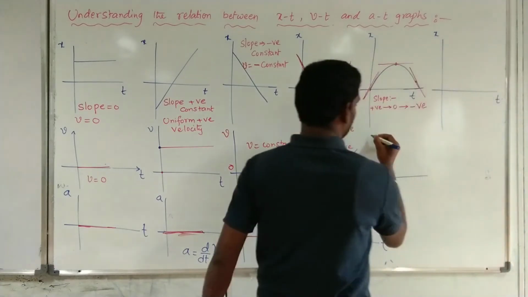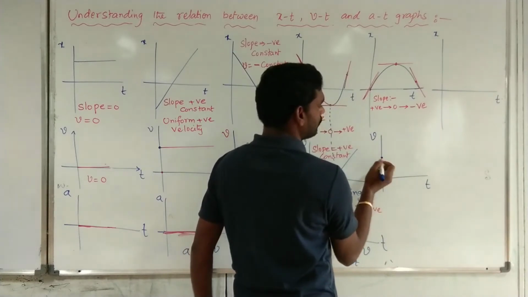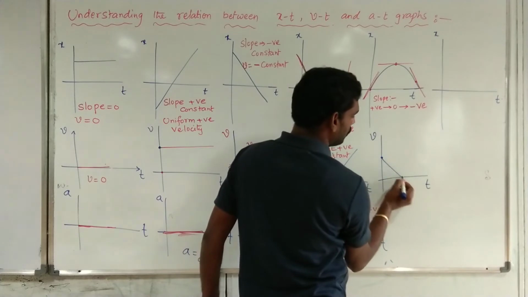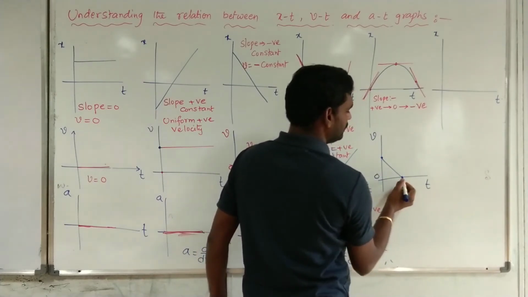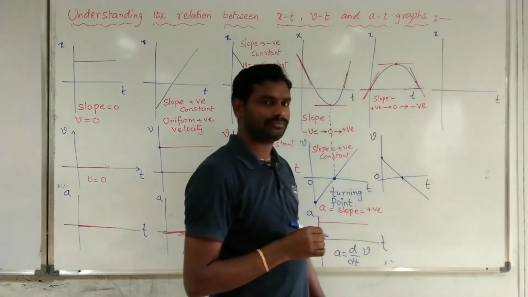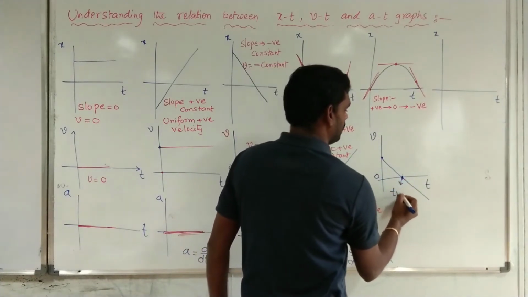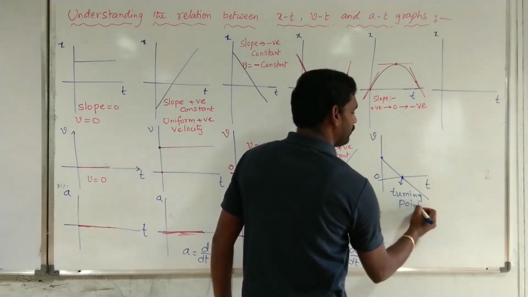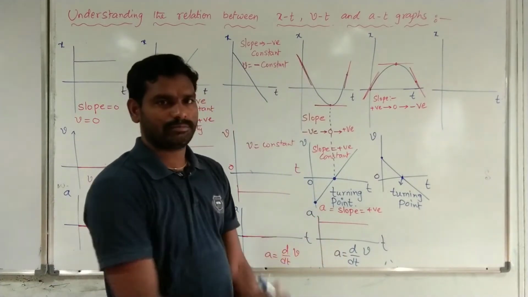So the respective velocity versus time graph is: initially positive, then positive to 0, and 0 to negative, and this point is called the turning point. The point where velocity is equal to 0 is called the turning point of the motion.